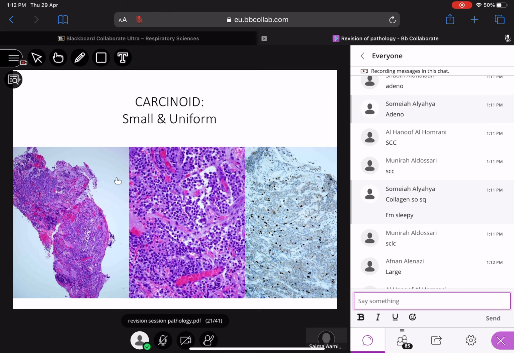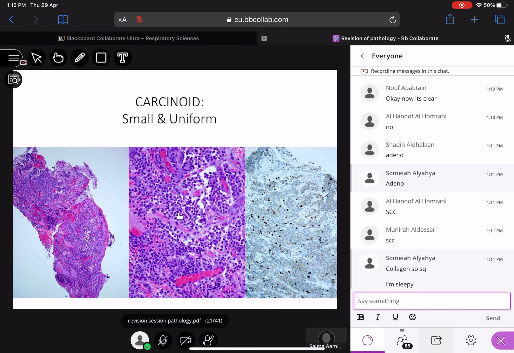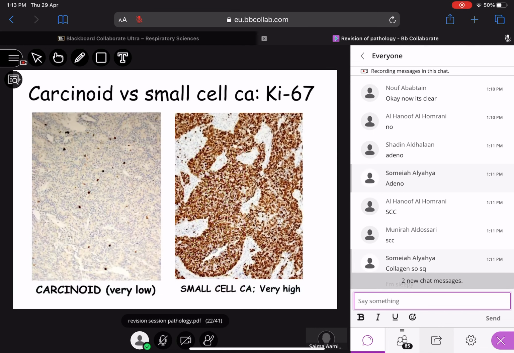Okay. So in carcinoid, you have smaller cells, they are uniform, they have salt and pepper or granular chromatin, and if you do neuroendocrine markers like synaptophysin and CD56, they will be positive. And what about the Ki67 index? Will it be high or low? Low.